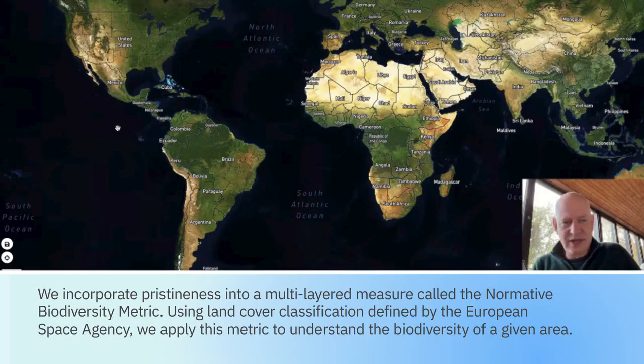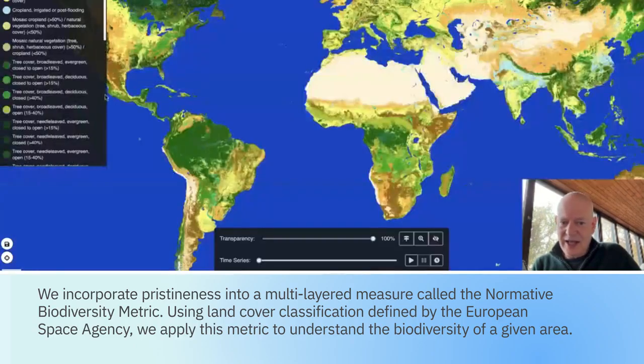Now, on this global map that you can see within the EcoOnline mapping platform, we have a number of data layers. One of these is a land cover classification produced by the European Space Agency that shows different types of land cover, such as cropland, forests, urban areas.